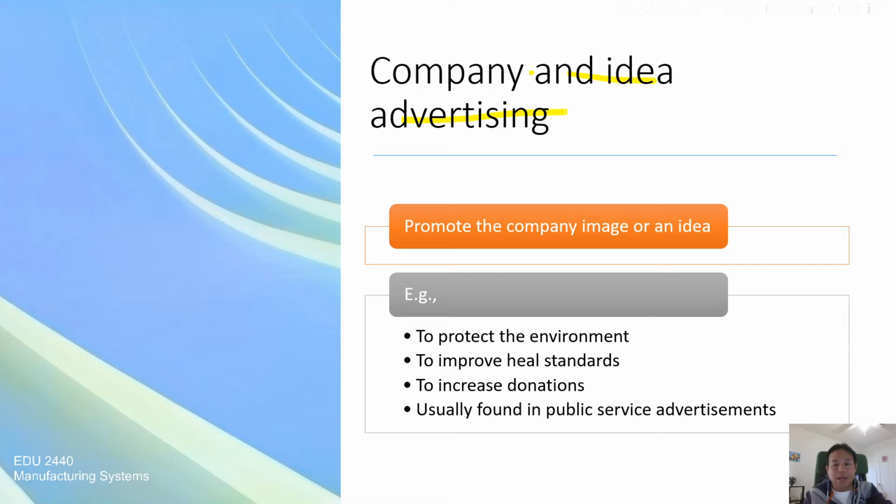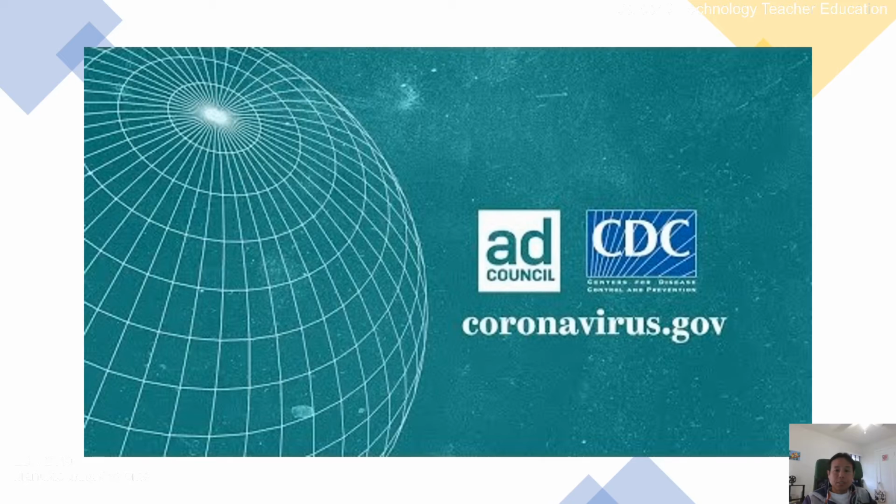You can see these types of advertising in public service advertisements, such as public health care or COVID-19, or donation. These promote a company image or idea, and sometimes the company promotes itself rather than a product: to protect the environment, improve health standards, increase donations, or make the company image better. These are examples of company advertisement.